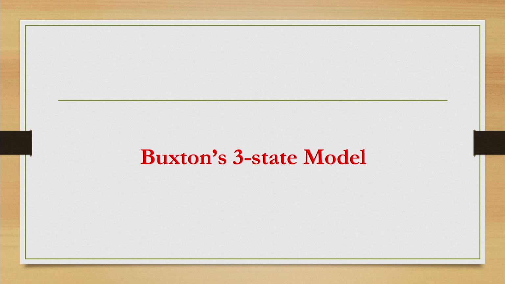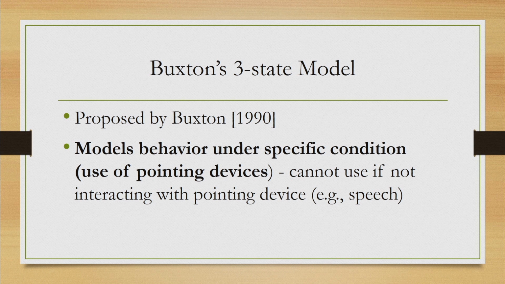So, first is the Buxton's 3-state model. Although the name may sound long, the model is actually very simple. It was proposed by William Buxton in 1990, and it was proposed to model specific behavior under specific conditions, that is the use of pointing devices.